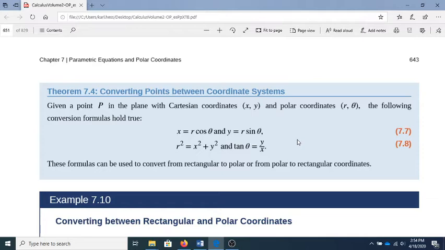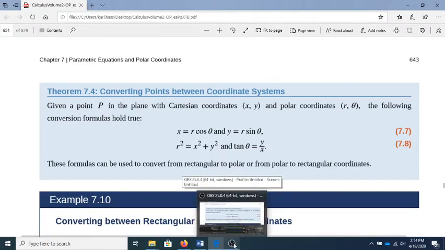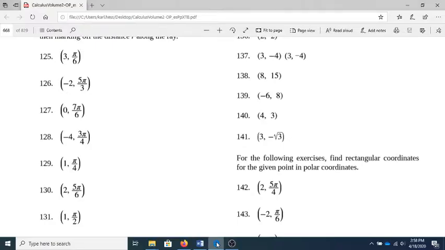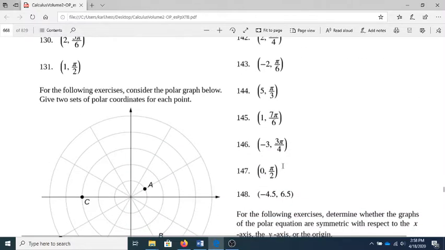All right, let's do an example from the book. Problem 145 was on my outline, just an example using these formulas. For problem 145 in the book, it says, for the following exercises, find rectangular coordinates for the given point in polar coordinates. And the point that's given is (1, 7 pi over 6).